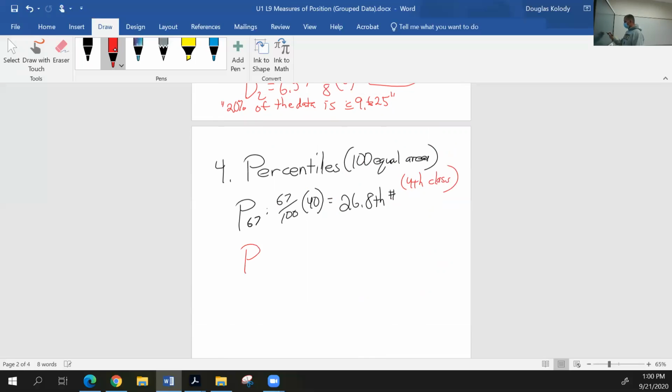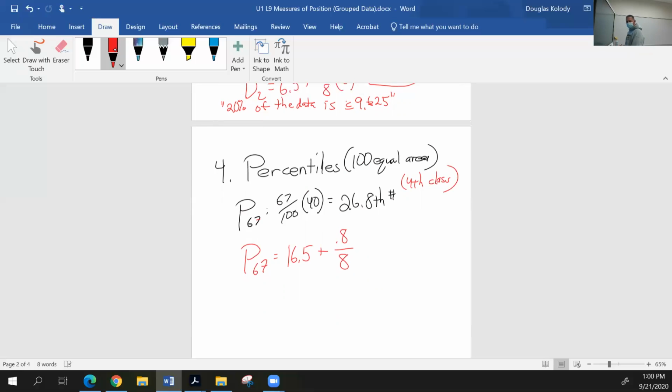So to find the 67th percentile, I am going to start with the lower boundary of the 4th class plus something of the 8 numbers available in the 4th class. Now listen, after 3 classes, there's 26 numbers. 26 plus what gets you to 26.8? 0.8, Mr. Colodi. That's right. 26 plus 0.8 gets me to 26.8.